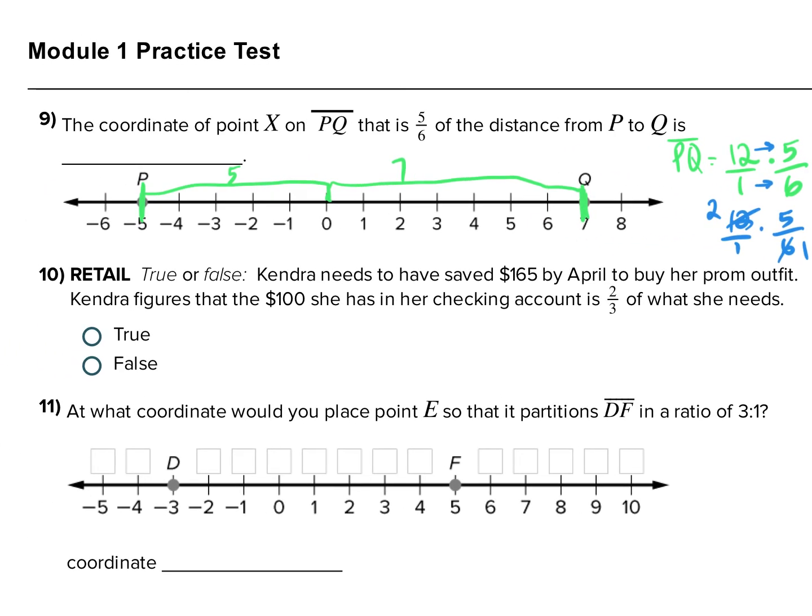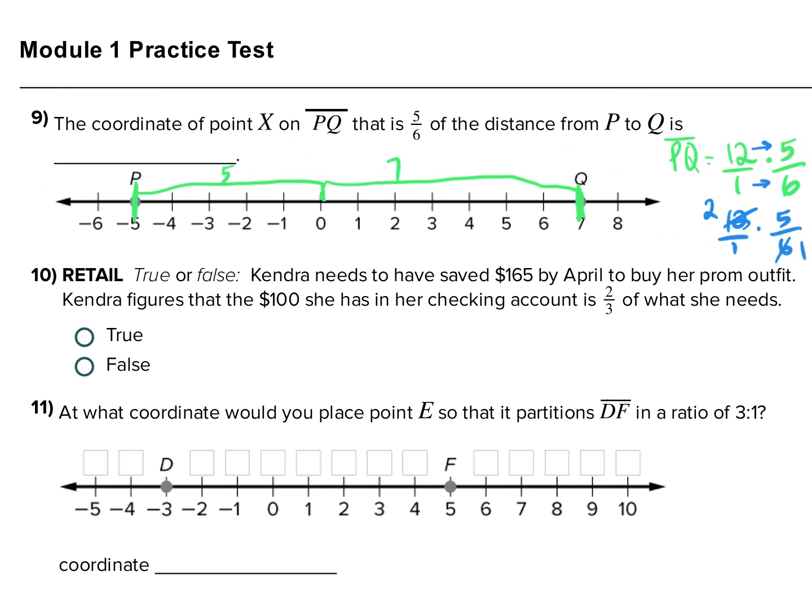My answer is 10 units, okay? But if you notice, 5/6 is 10 units, not the coordinate of point X. So to determine where point X is going to go, we're going to count 10 units from our starting point of P. So we know this is 5.